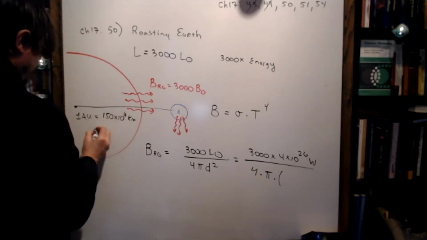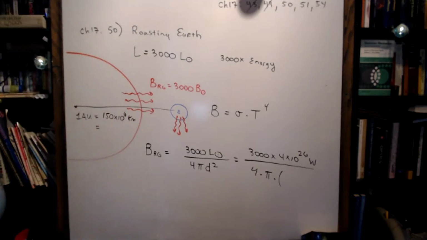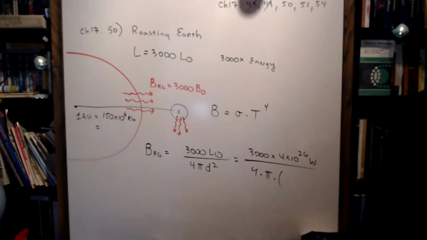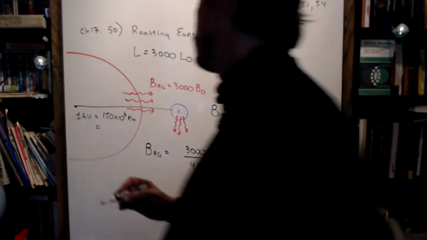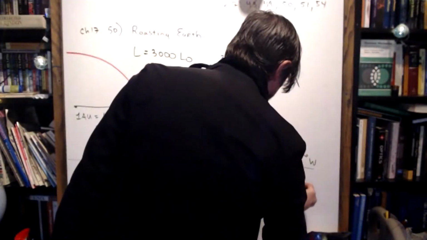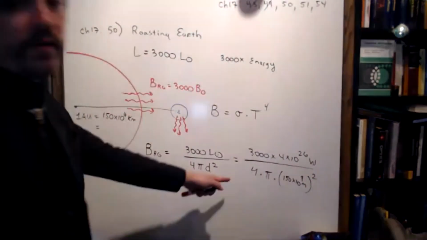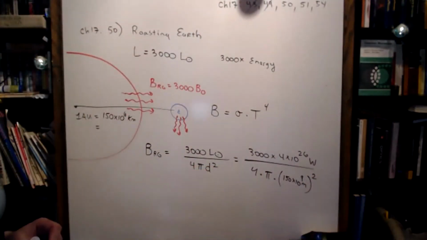Okay, Christopher, how many meters is that? It's 150 times 10 to the 9, so that'd be billion. That's right. 150 billion meters squared. Go ahead and punch that into your calculators for me.